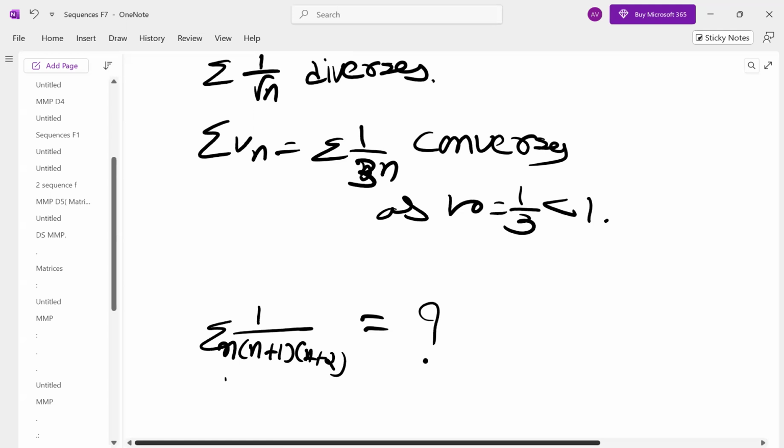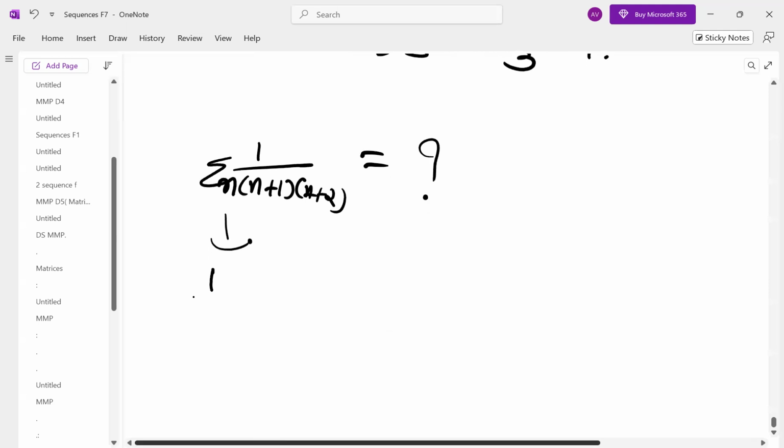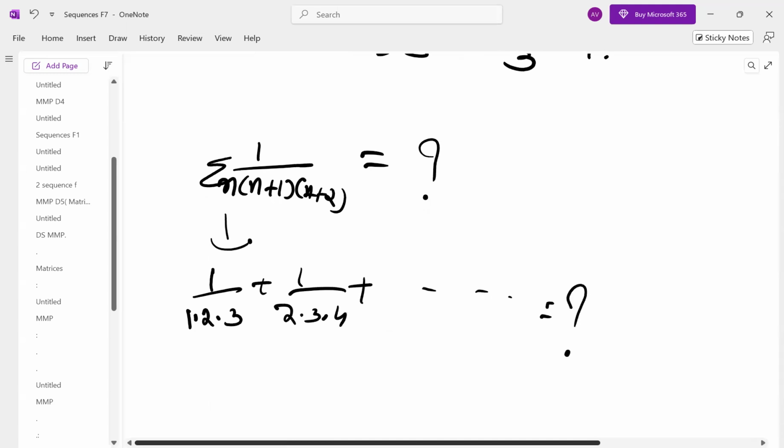Some students go directly for the limit comparison test. Using the limit comparison test, you will know whether it is convergent or divergent. That's it. But what is the value? You are not able to calculate. But definitely you are getting questions in the entrance asking you to find 1 by 1 into 2 into 3, 2 into 3 into 4, something like this, some series. What is the value?